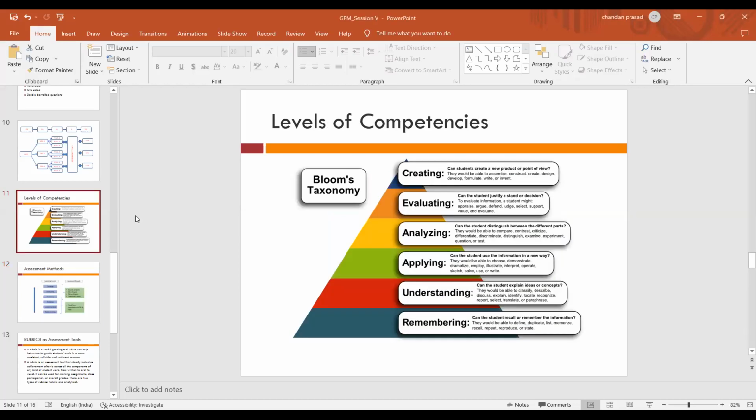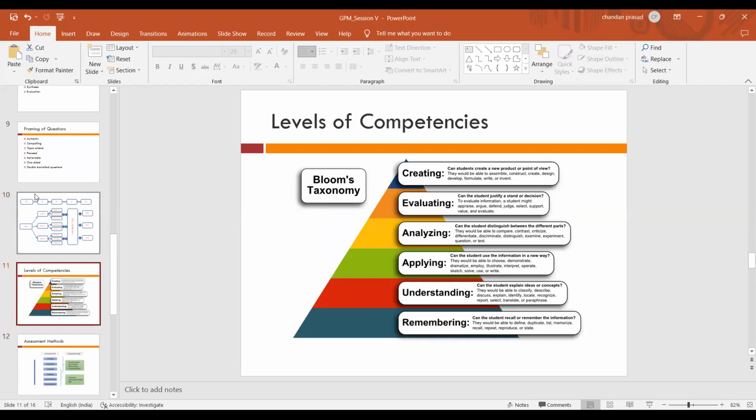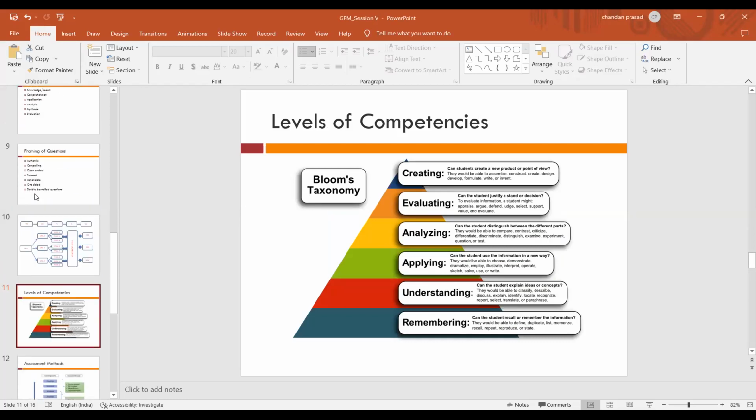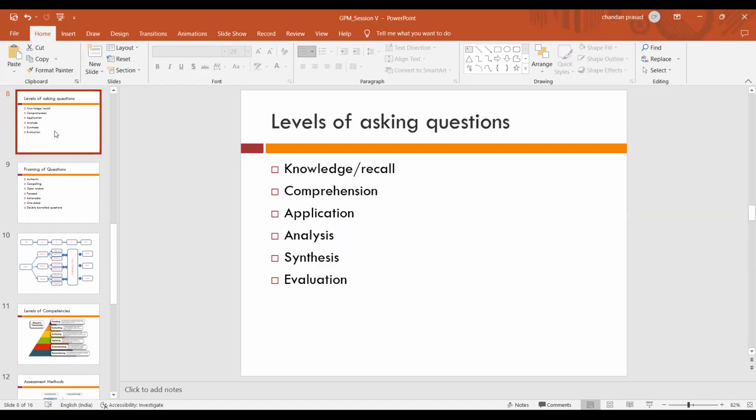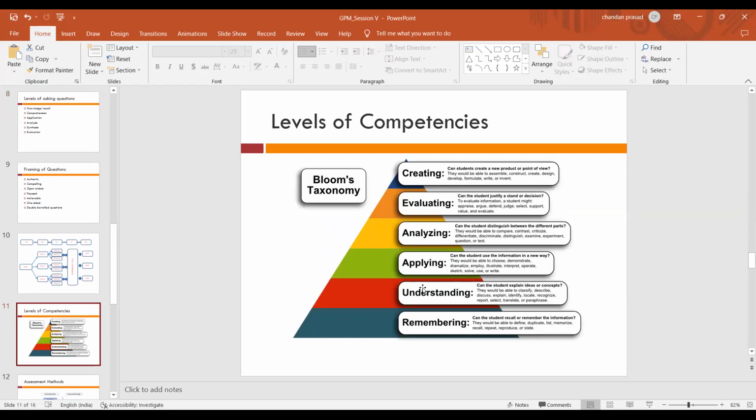When it comes to question paper designing, the levels of asking questions, we ask questions based on Bloom's taxonomy. Why? Because of accreditation.